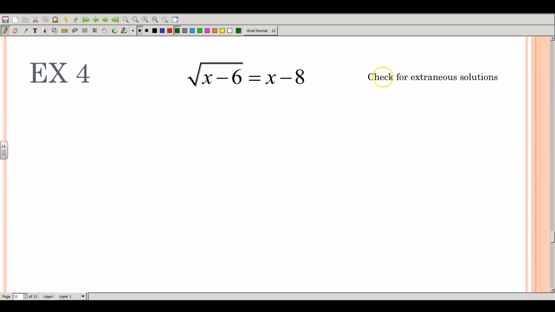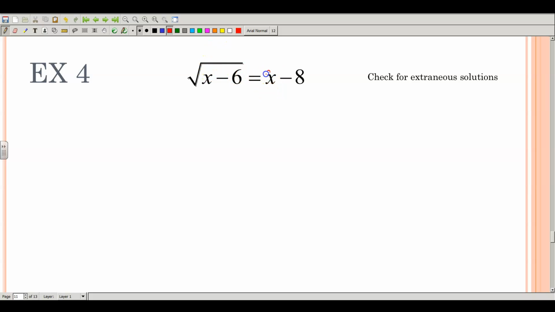If you were looking at this problem and you were to do this algebraically, it might actually be easy to just guess and check this, by the way. But just to show you, this was a little tricky one because we have x's on both sides of this equation.